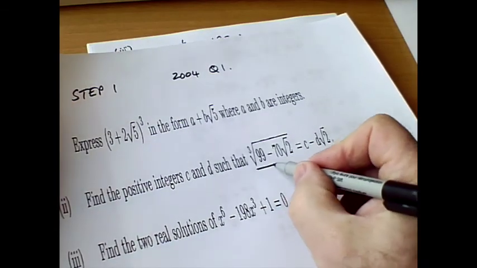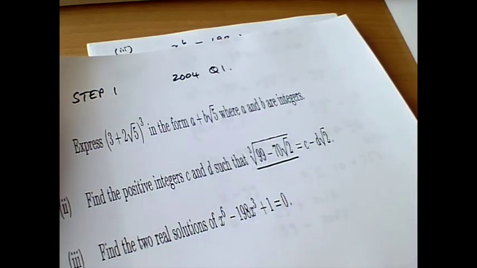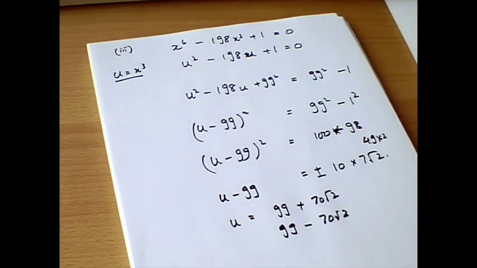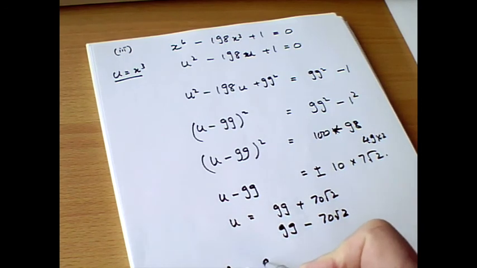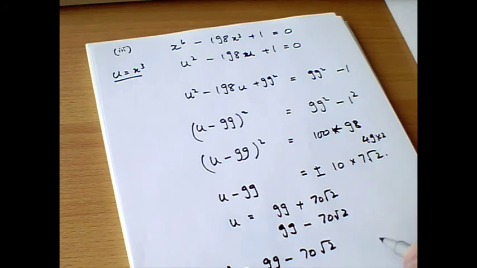If we go back to the original question, we like that. This is obviously referring back to previous results. So, if x cubed is equal to 99 minus 70 root 2, then x is going to be equal to c minus d root 2, which is going to be 3 minus 2 root 2.